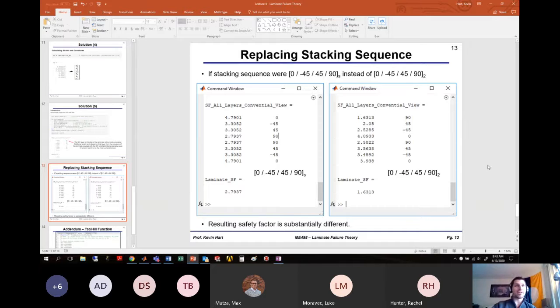So a pretty dramatic shift in the safety factor just from changing the stacking sequence alone. And that's because we've moved the vulnerable 90-degree layer from the top of the laminate to the middle of the laminate. Now we have a lot of our concentrated weak layers in the center, where any loads that might come from curvature of this laminate are not as significant.